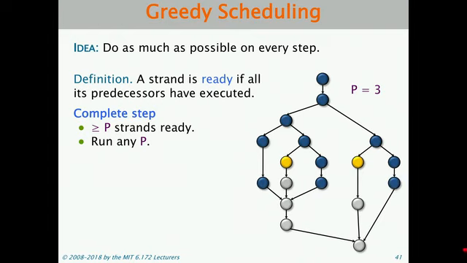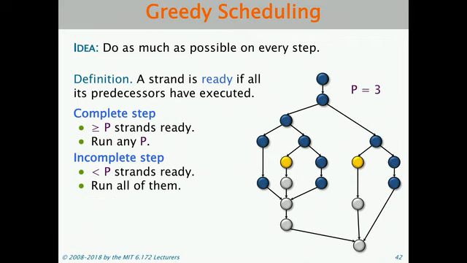It turns out that these are actually the worst 3 to run because they don't enable any new strands to be ready, but I can pick those 3. And then the incomplete step is one where I have fewer than P strands ready. So here I have 2 strands ready and I have 3 processors. What would I do in an incomplete step? Just run the strands that are ready. Yeah, just run all of them. So here I'm going to execute these 2 strands.